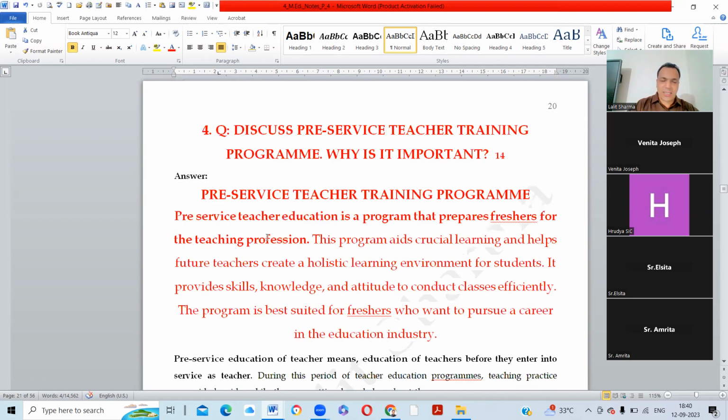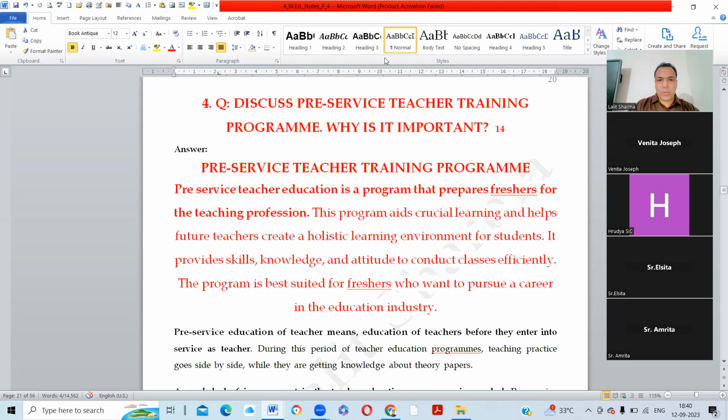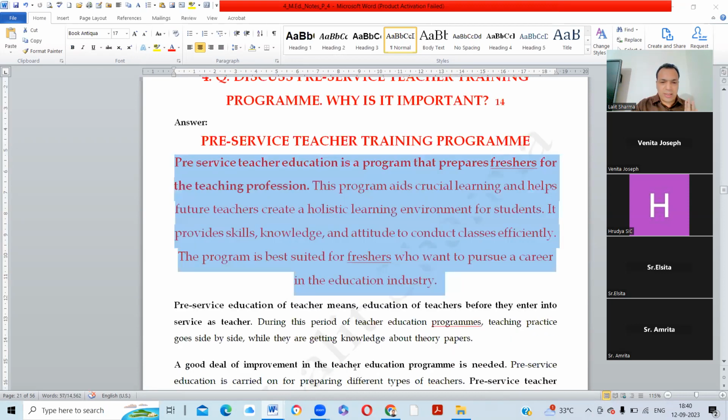Okay, next question is discuss pre-service teacher training program, why it is important. So at the very beginning I have cleared this concept, right? Pre-service teacher training program is a program that prepares freshers. ये देखिए, pre-service teacher program is a program that prepares freshers.